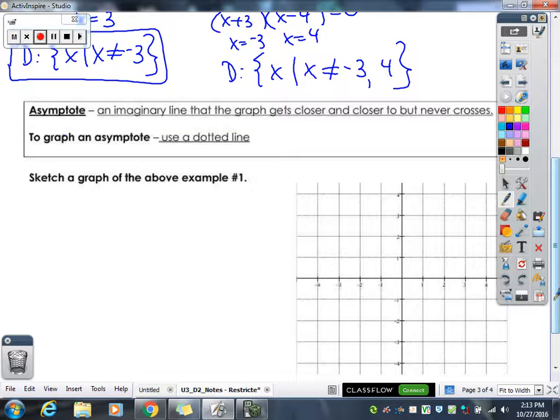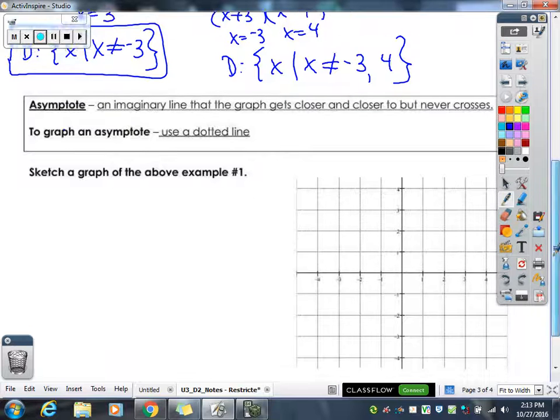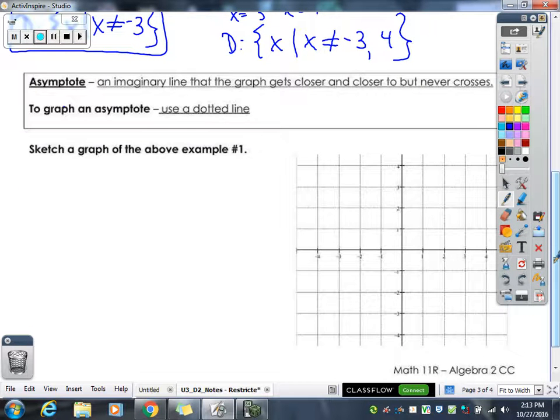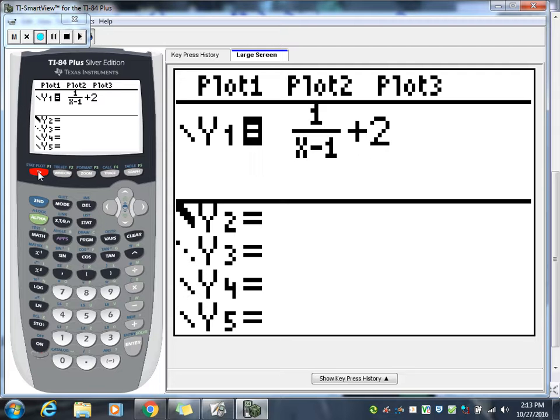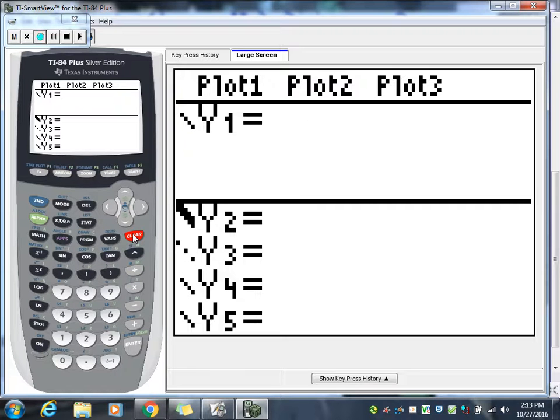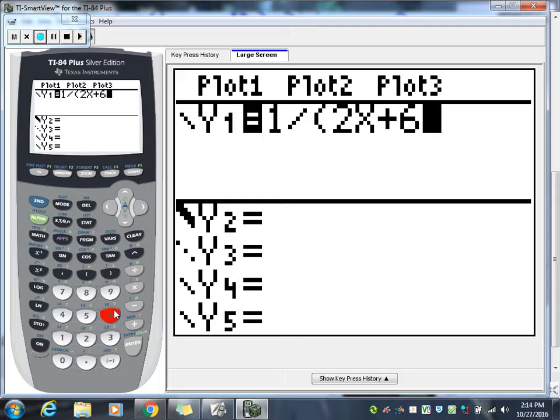Notice what's going to happen when we graph these functions. Actually, we're going to graph the first one, example number 1. Let's go to our graphing calculator, and we go to our y equals, and clear out what's in there. We have 1 divided by, and if we don't use the n over d button, we need to put in parentheses around the denominator, 2x plus 6.